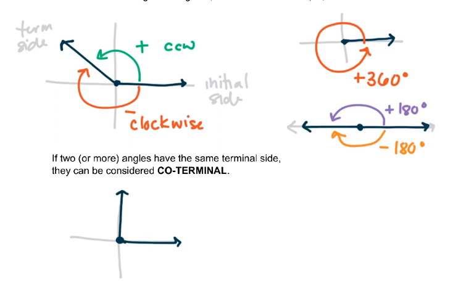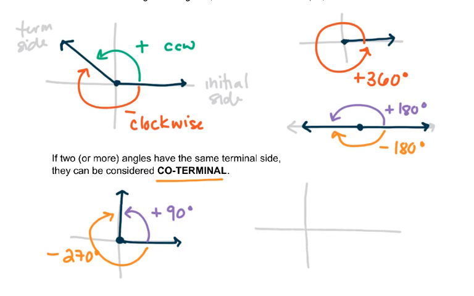In this situation, I have a positive 90 degrees, or going in the other direction, we would have negative 270 degrees. So positive 90 and negative 270 are coterminal.